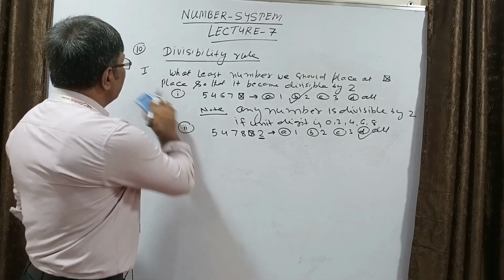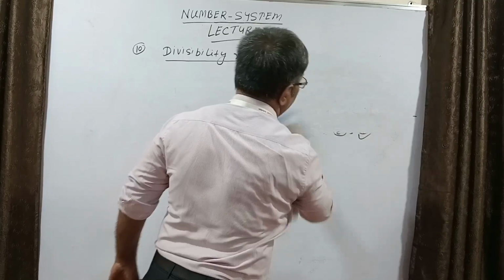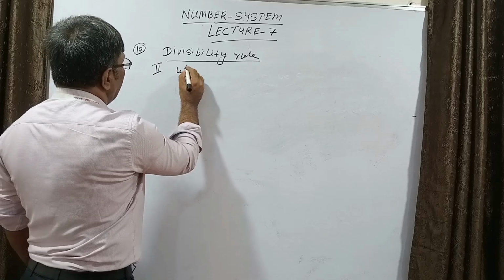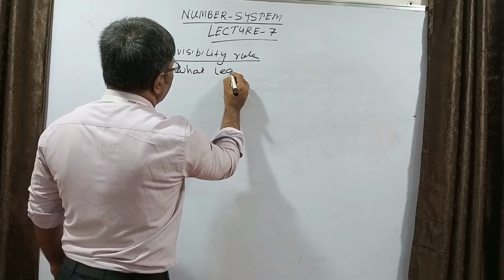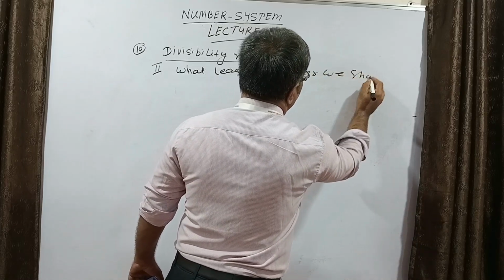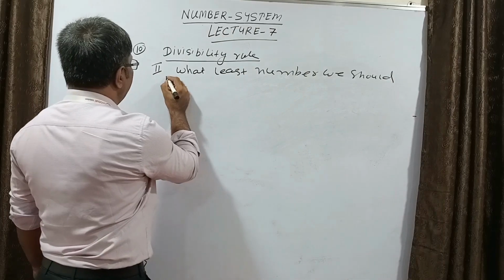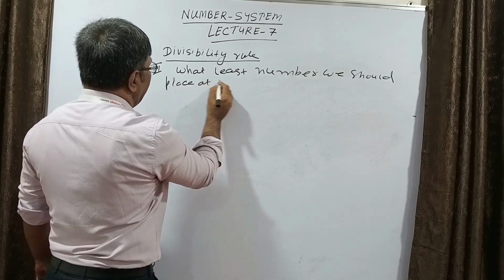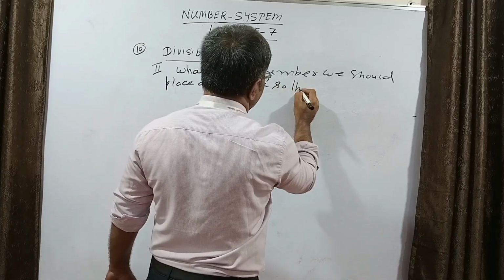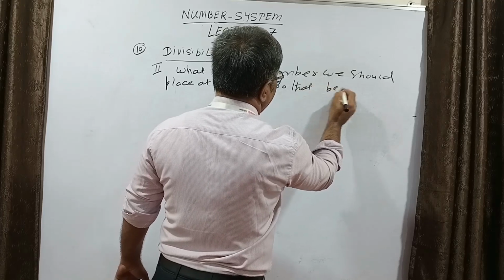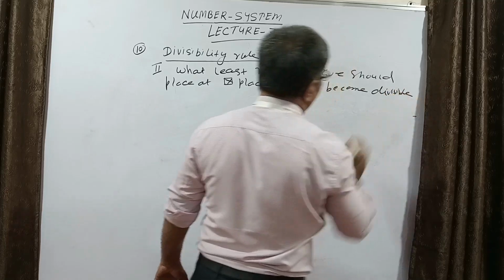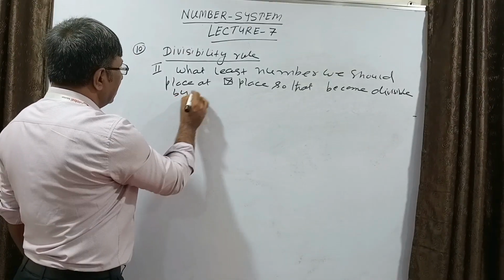Now come to the next point. The next point is: what least number should we place at the star place so that it becomes divisible by 3.